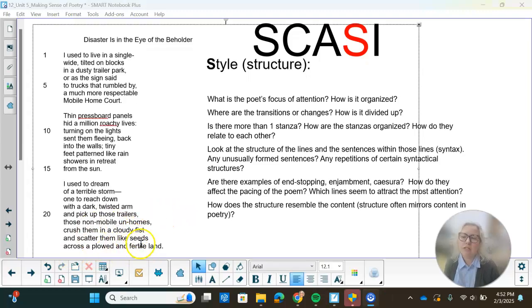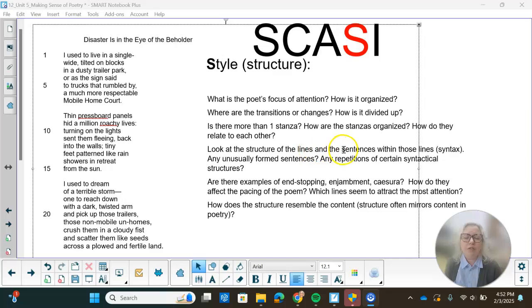I had to enlarge these so you could see that increase again. So, maybe there is something to this fact that things are getting longer. Maybe there's some momentum being created, and maybe the most attention is on this last stanza.